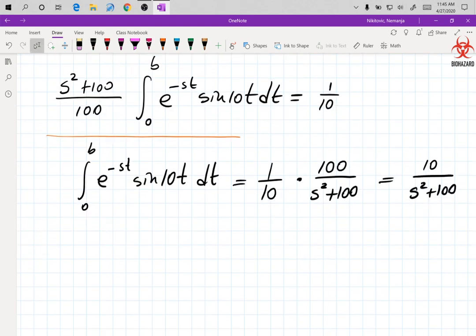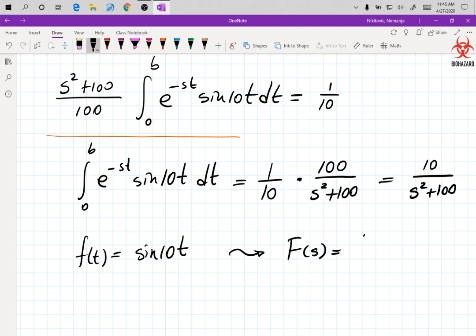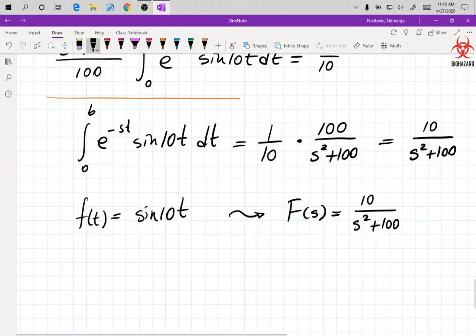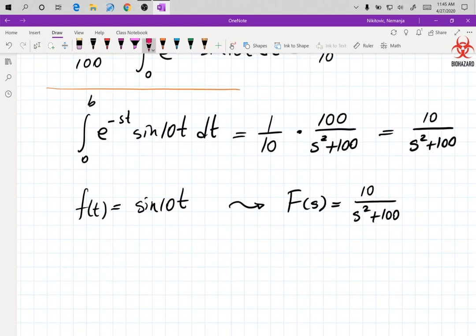So my f of t, which was sine 10t, transformed into F of s equals 10 over s squared plus 100. Now, our problem is done and solved.